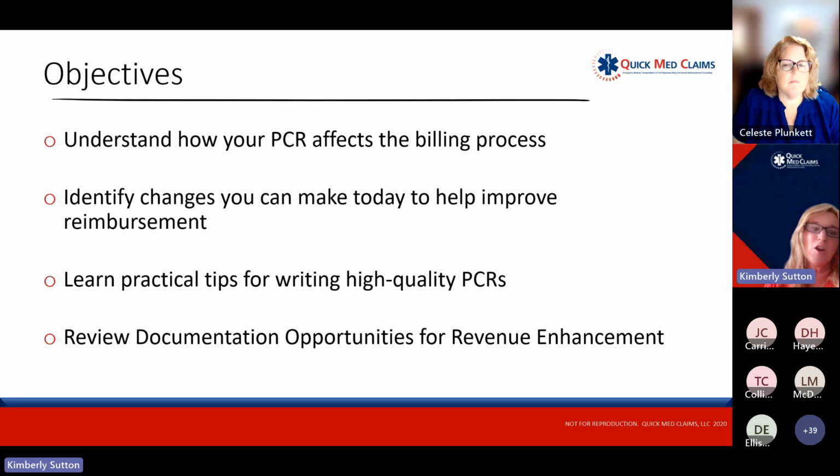We hope that you can take home some key points and use those in your documentation strategies, and that you can share that with your other teammates and in your orientation practices. Learn some tips for writing high quality PCRs so they don't get bumped back for any revisions or corrections that need to be made. And review any other opportunities that can enhance your revenue.